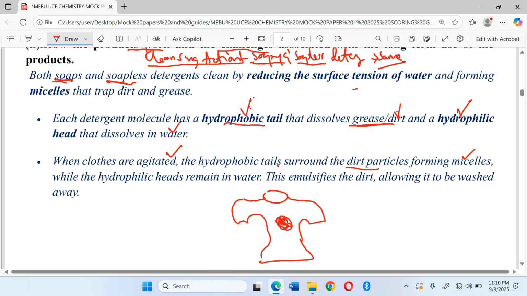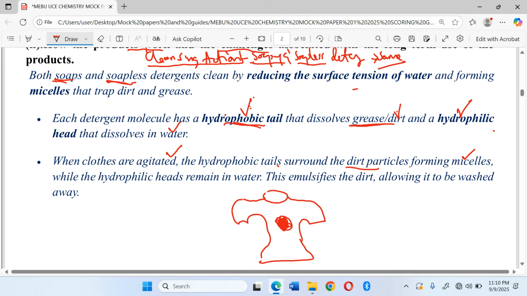This detergent has two parts, the hydrophobic tail and the hydrophilic head. Now, when the clothes are agitated, when you keep on squeezing and shaking this cloth, what happens?